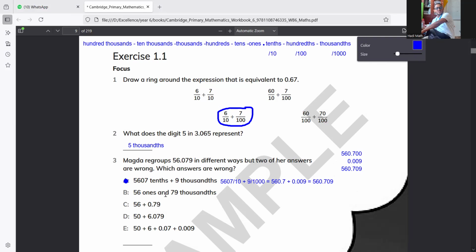They say 56 ones. When we say 56 ones, it means 56 multiplied by 1, which is just 56. Plus 79 thousandths. 79 thousandths means 79 divided by 1,000. And 79 divided by 1,000 is equal to 0.079.